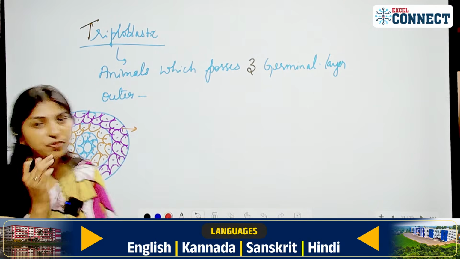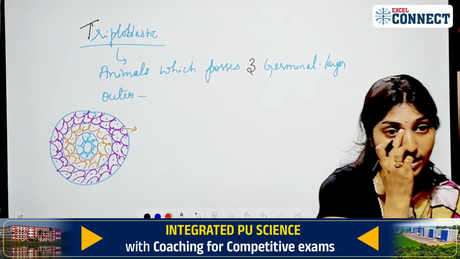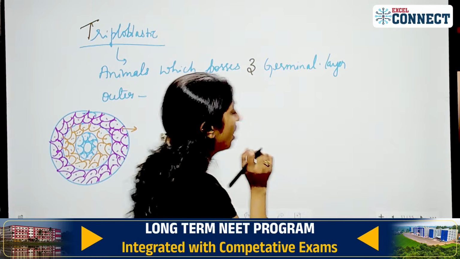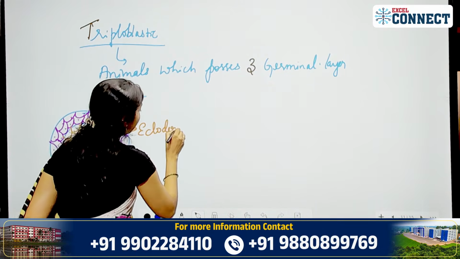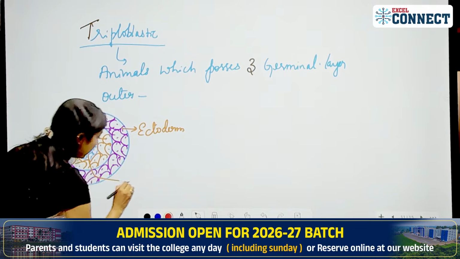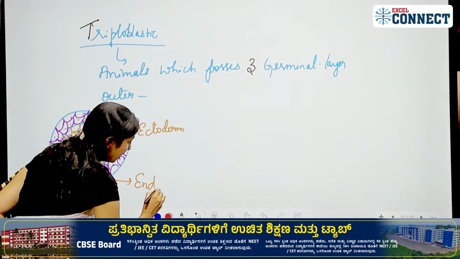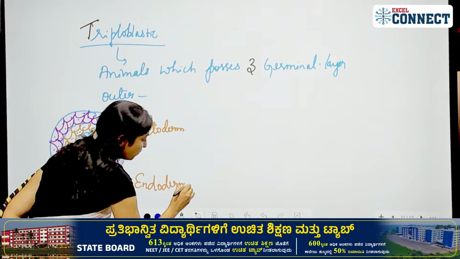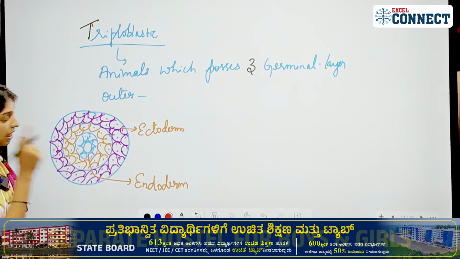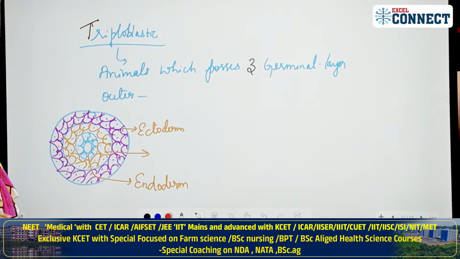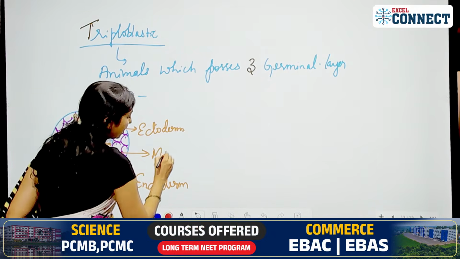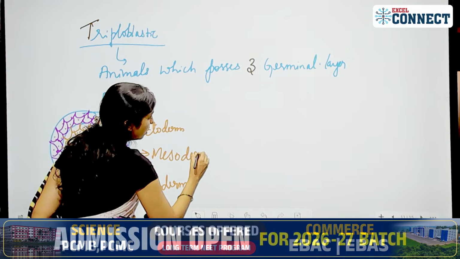Yes, all of you have answered it right. Very good. Outer ectoderm and the inner layer which you already know, endoderm. But in diploblastic animals, the middle layer was called mesoglia. But here since they have cells, it is called mesoderm. What is it called? Mesoderm.